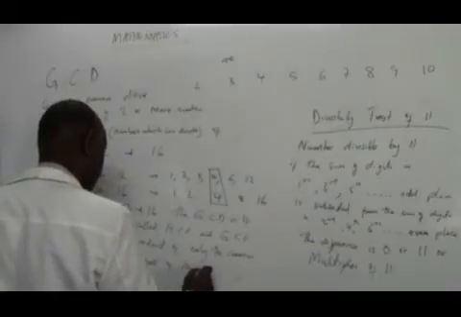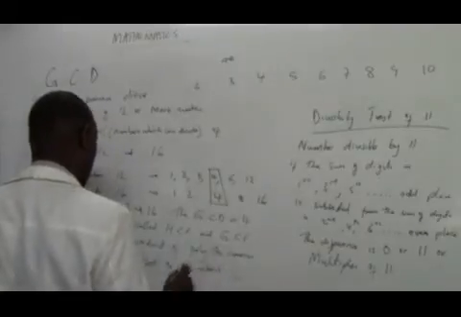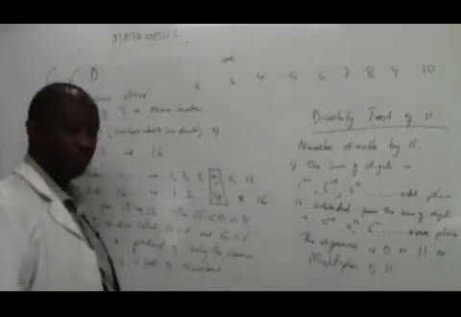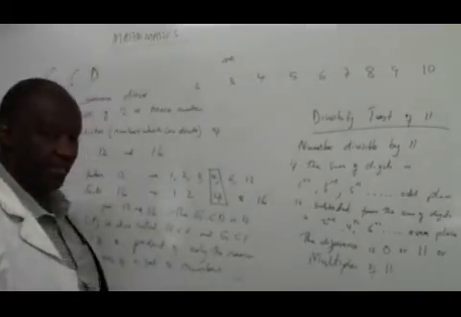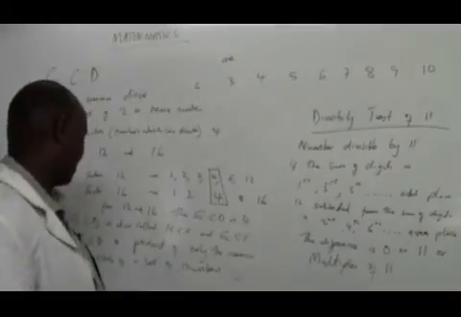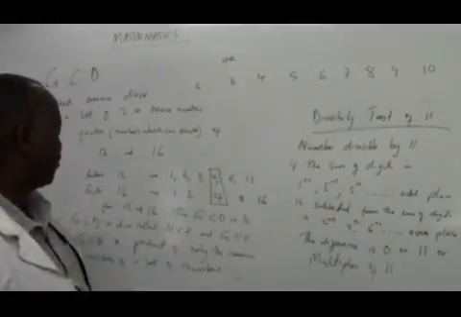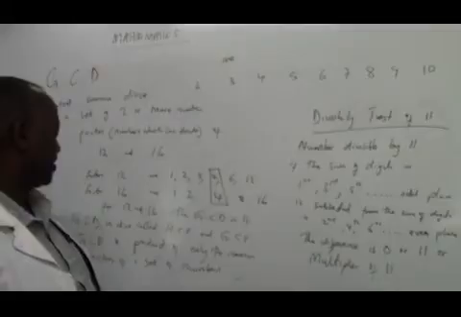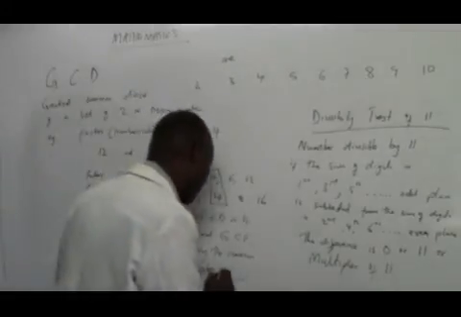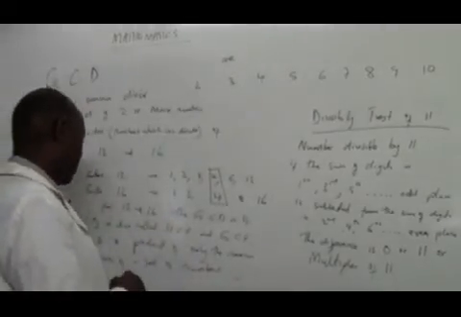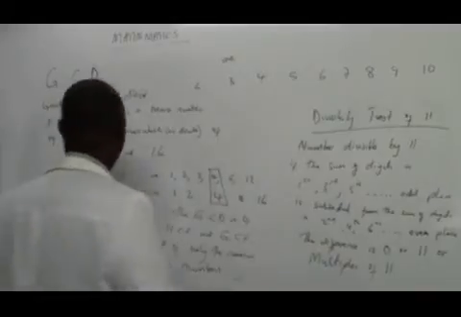The product of only the common factors of a set of numbers gives us the GCD. So let's do an example of that.